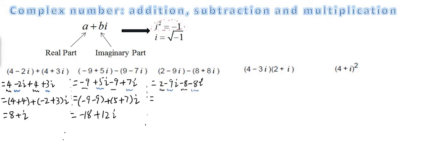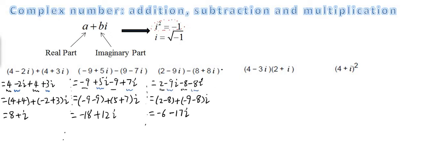So we're gonna combine the real part, 2 minus 8, and then combine the imaginary part, negative 9, negative 8, and don't miss the i. 2 minus 8 is negative 6, negative 9 minus 8 is negative 17i.